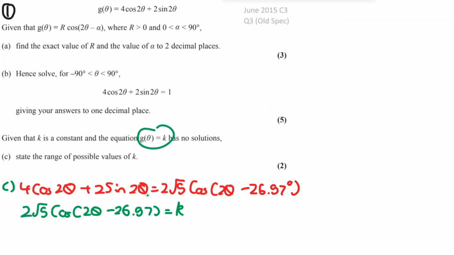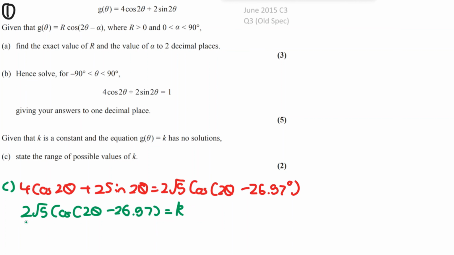So g theta is equal to k is this here, with this being g theta. And we are told that this has no solutions, so therefore we need to find the range of possible values for k. So what it's asking us is, this has no solutions, so therefore what are the possible values of k?